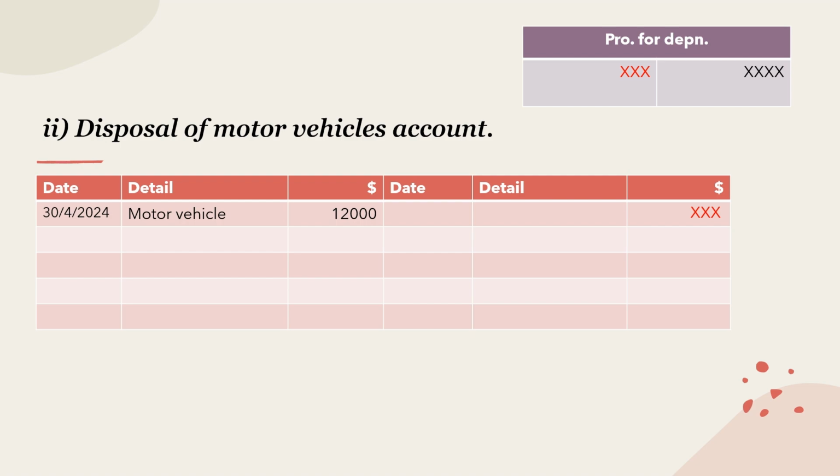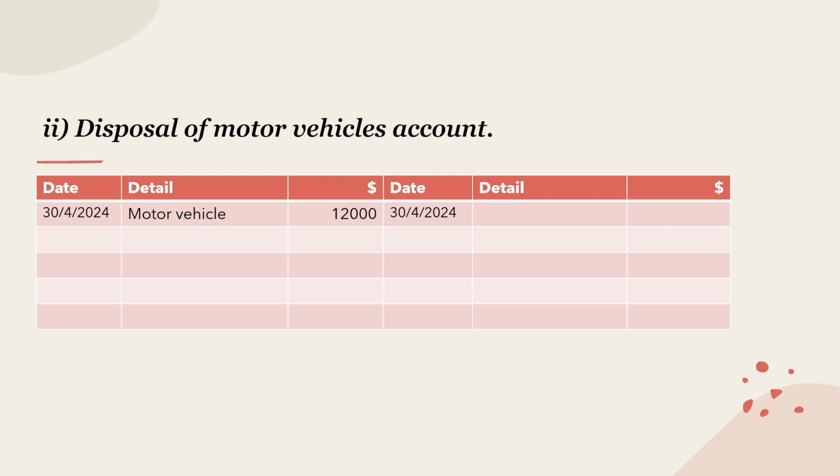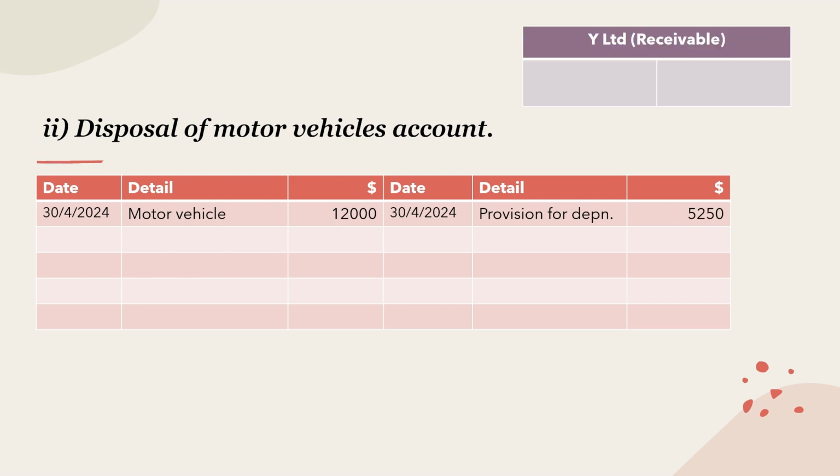And we have already calculated the accumulated depreciation. So on the 30th of April 2024, saying provision for depreciation, we will credit 5,250. The motor vehicle is sold to Y Limited on credit. So Y Limited is a receivable, which is an asset. So we debit that, and the opposite account is going to be the disposal account.